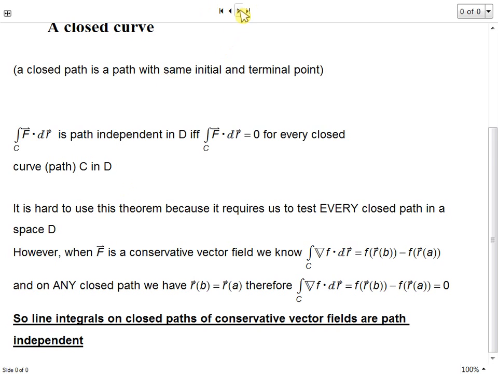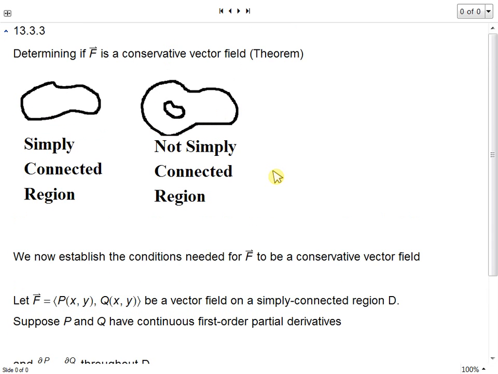All right. If it's hard for us to figure out path independence for arbitrary vector fields, is there a way I can figure out if the vector field is conservative? Because if it's conservative, then I have path independence, right? So maybe there's a way I can figure out conservative pretty easily.